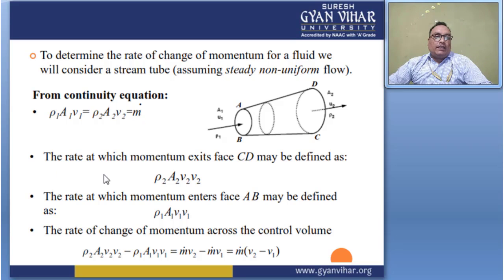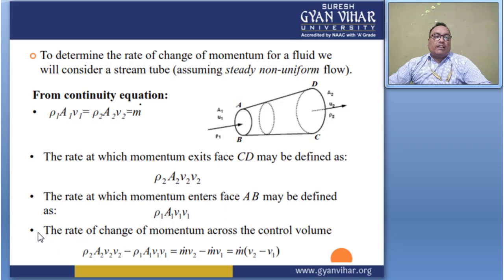And the rate of change of momentum for face CD may be defined as rho 2 a2 v2, which is the m dot, times v2 also. Similarly, for face AB it is rho 1 a1 v1 times v1.